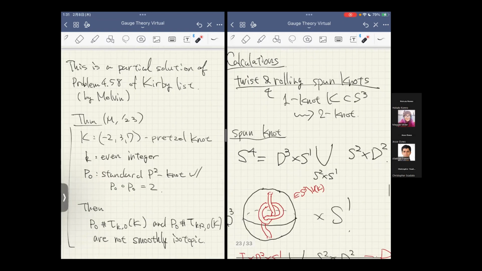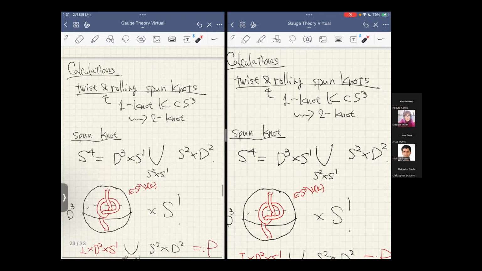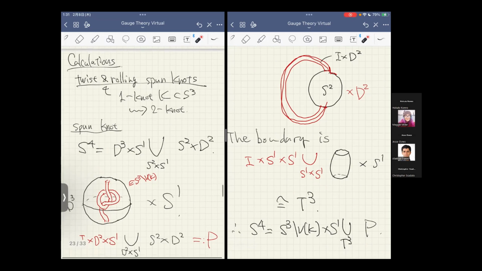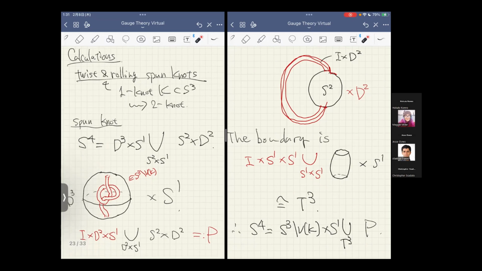So there are 30 minutes left. So I will explain how to calculate our invariant for the double branched cover along the one-twist spun two-knot.